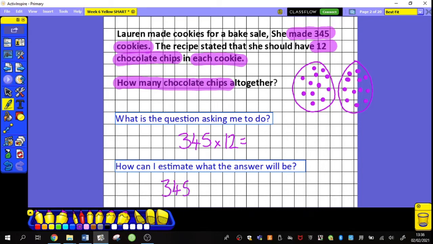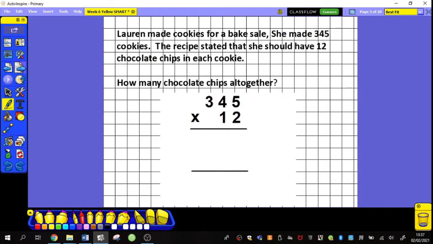Now I know the nice easy number that I can round 12 to is going to be 10. That makes it a very easy calculation for me. I'm just making 345 10 times bigger. And I need to remember that because I've made 12 smaller by 2 lots, my answer is going to be bigger than my estimation.